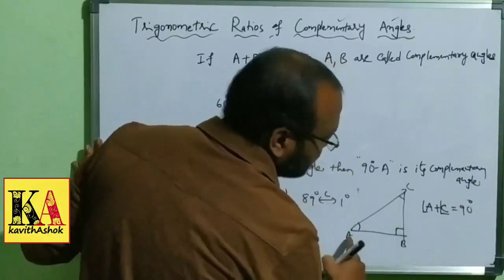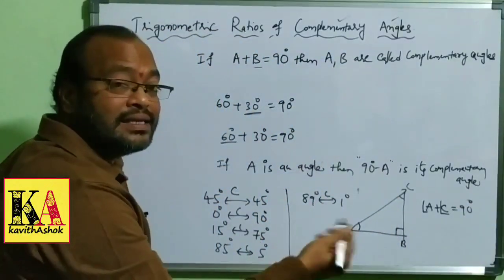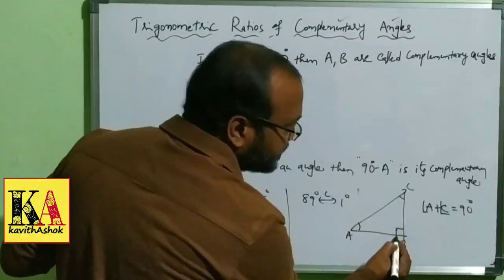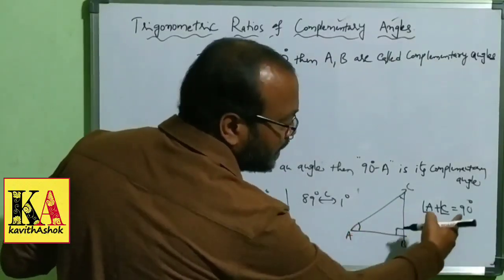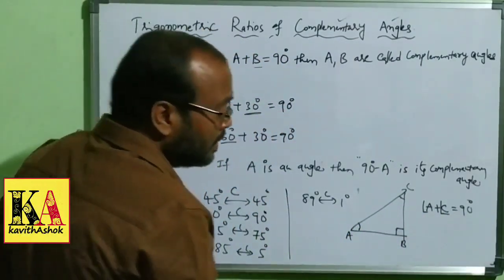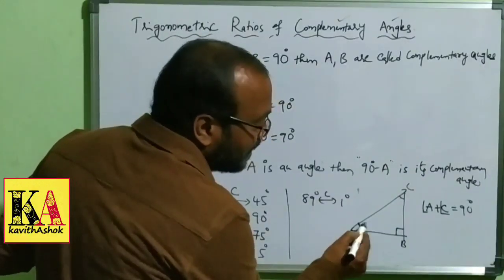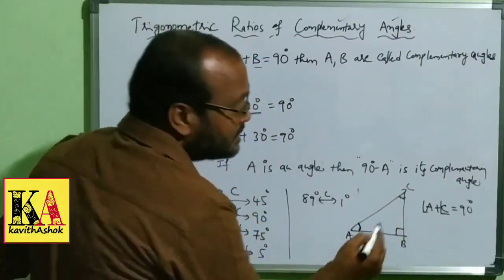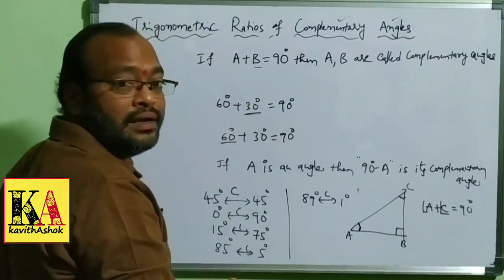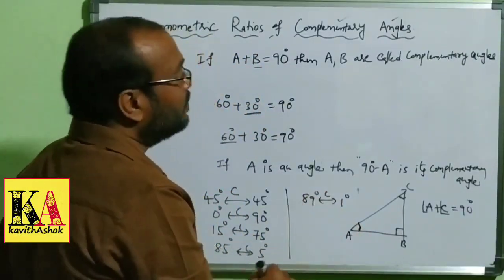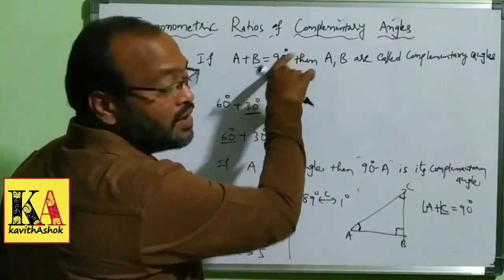Why? Because the sum of the angles in a triangle is 180 degrees. Already 90 degrees is there, so if we add these two, automatically it will become 90 degrees. That means A is a complementary angle of C and C is a complementary angle of A. This is important for the trigonometric ratios of complementary angles.